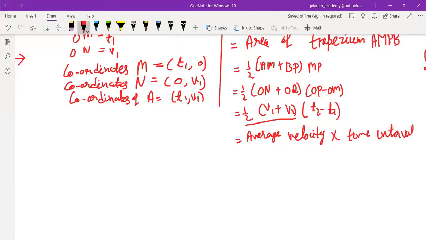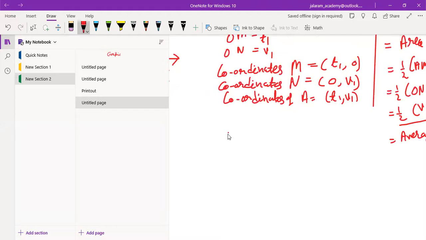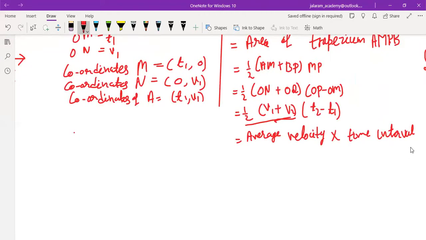We have studied in theory part that when a body moves under uniform acceleration, its average velocity is given by the algebraic arithmetic mean of its initial velocity and the final velocity. So half V1 plus V2 is average velocity and T2 minus T1 is time interval. And velocity into time, we know that is equal to displacement.